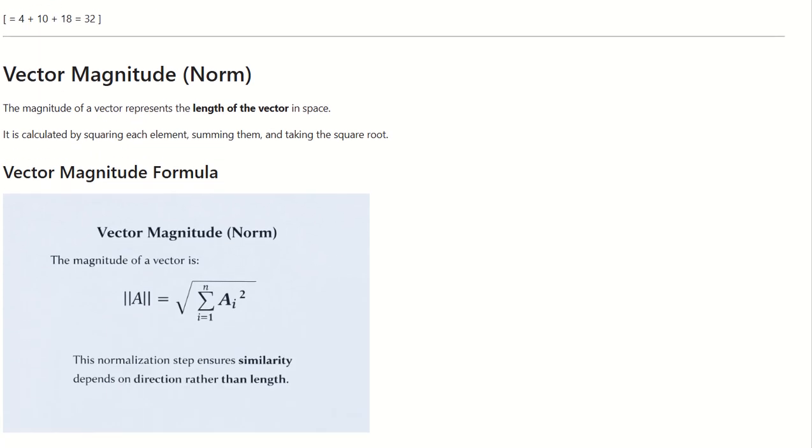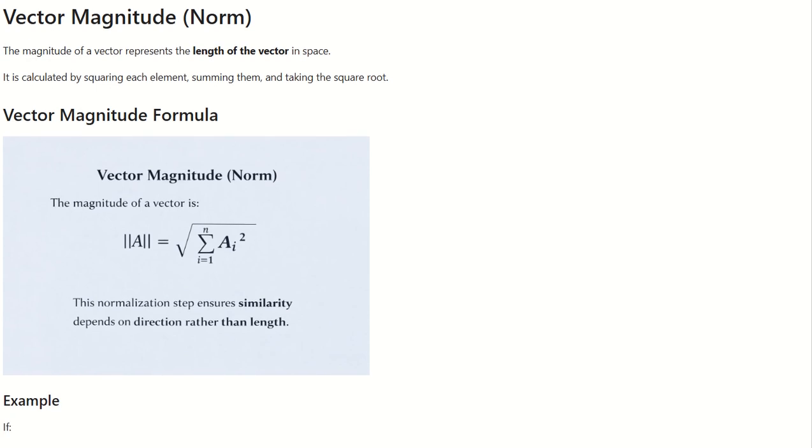Now vector magnitude. The magnitude of a vector represents the length of the vector in space. It is calculated by squaring each element, summing them, and taking the square root. This is the next step: vector magnitude, that is the norm. The magnitude of vector a, mod a, is the root of the summation of a squared.